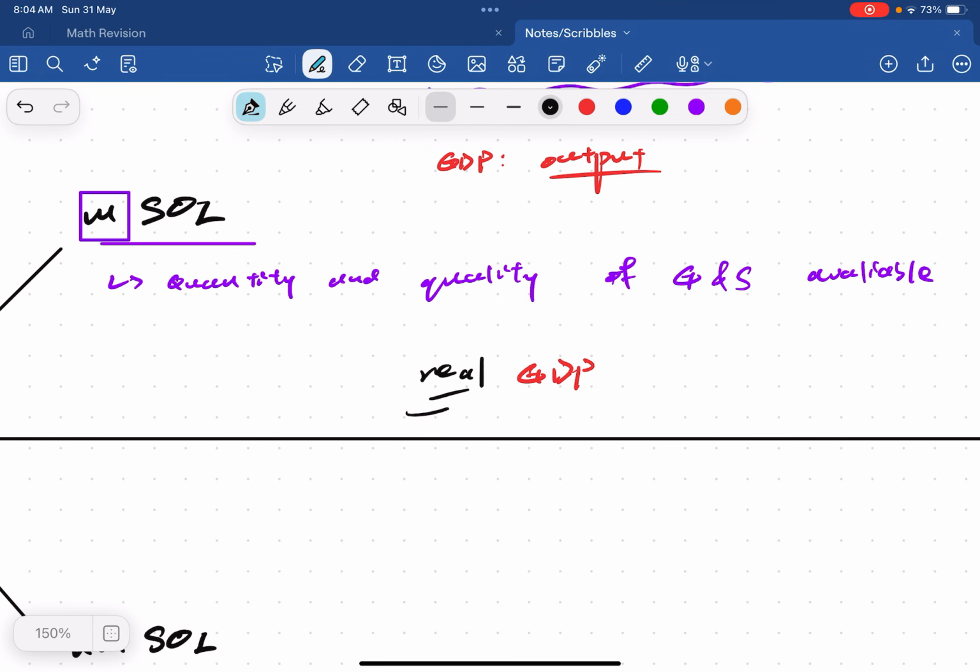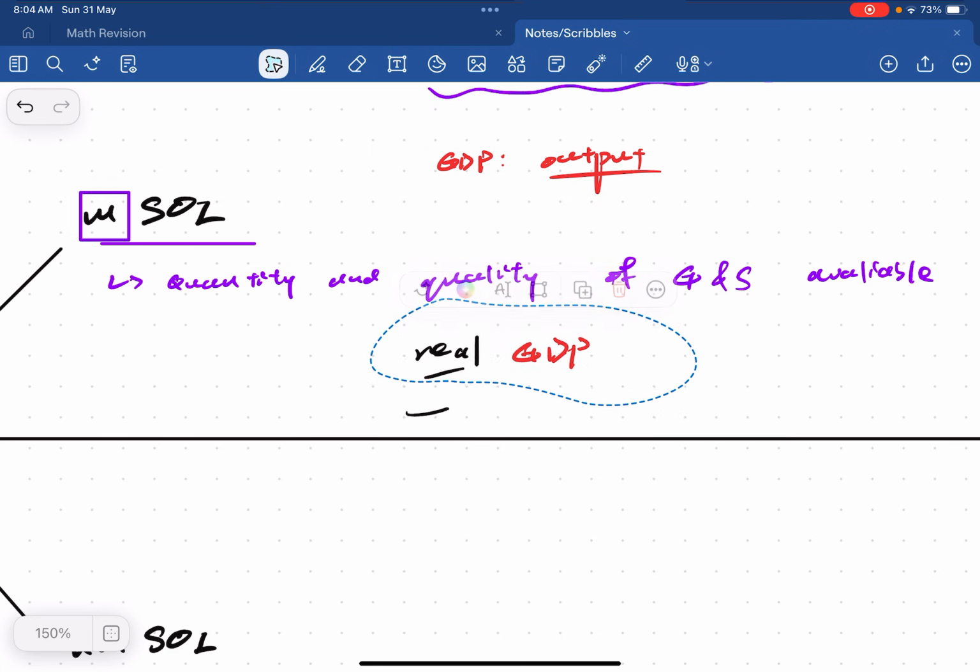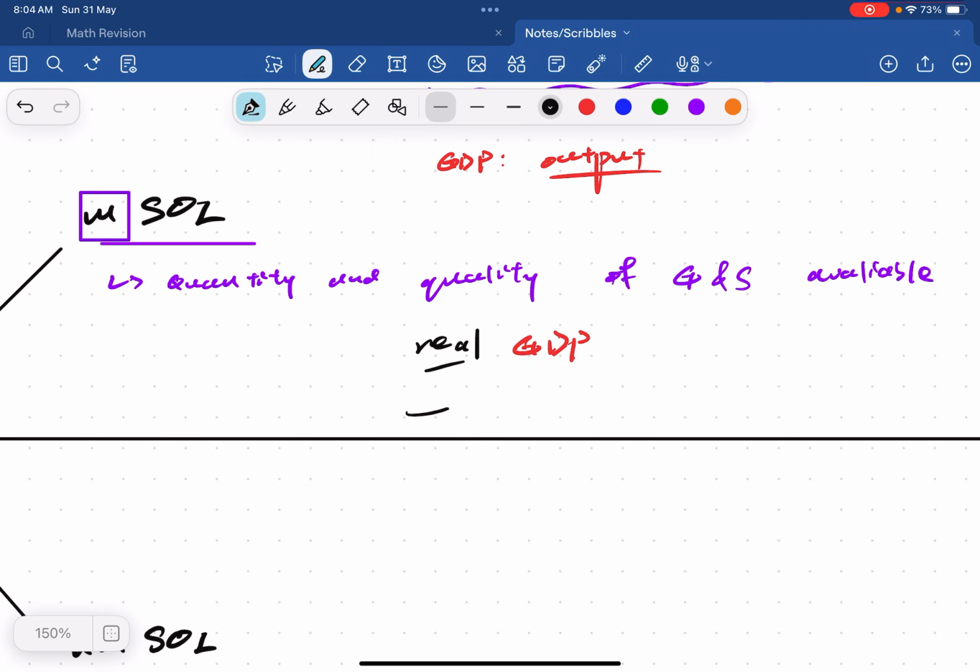This is to ensure that everything that I measure is measured at certain constant prices. Please note this. It is with respect to some kind of base year price, such that any increase in real national income or any increase in GDP cannot simply be due to inflation, but must be due to a rise in output.